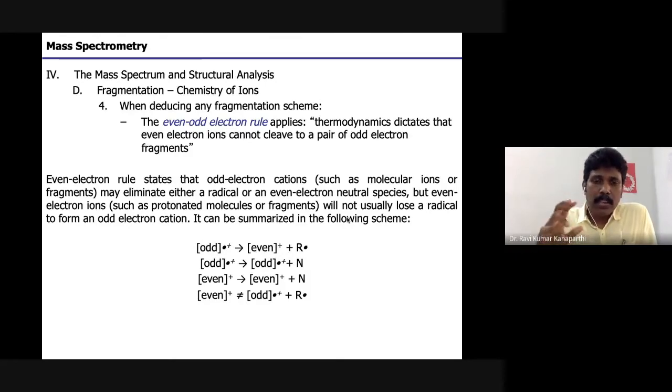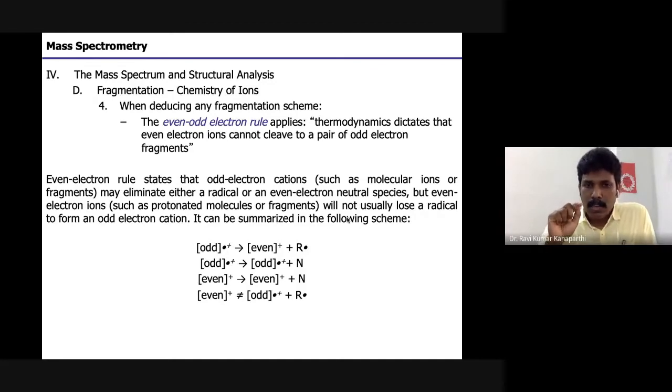On the other hand, it can also leave one neutral fragment, leaving the remaining part as the odd electron species. So very, very important and very tricky also.